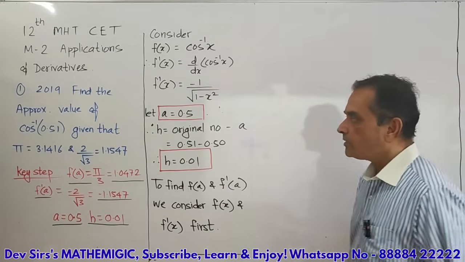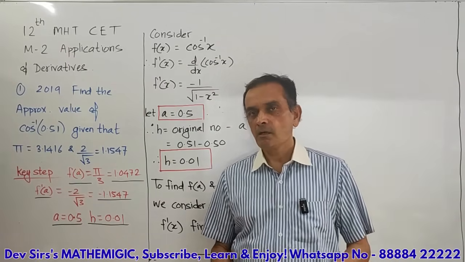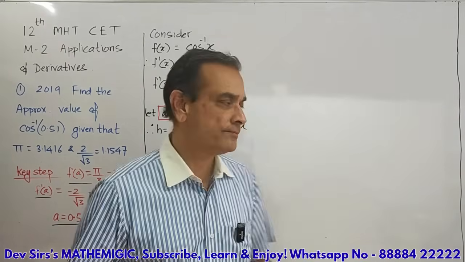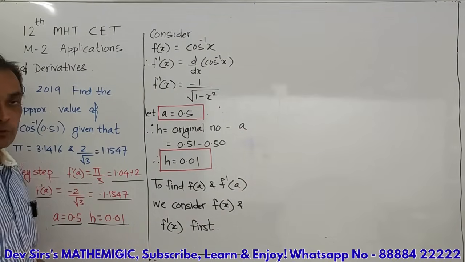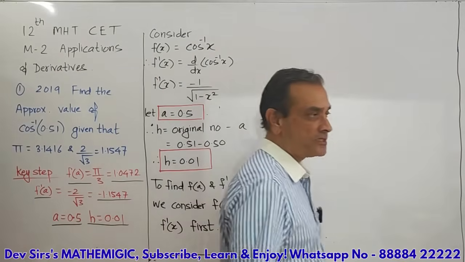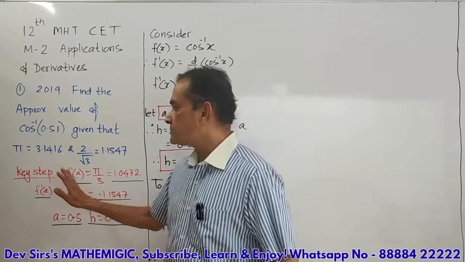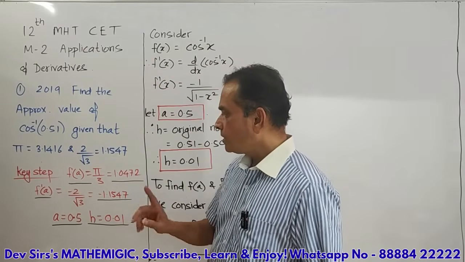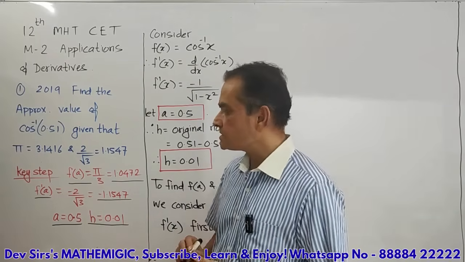The second application is to find the approximate values of certain functions. How to go about it? Let's see. It is asked for cos inverse 0.51, not cos, cos inverse. Now what are the key steps? You have to find out 4 important things.